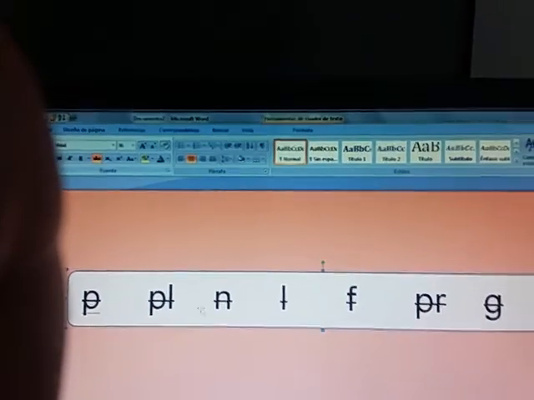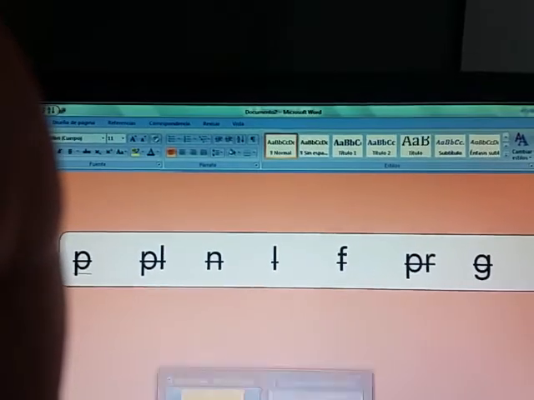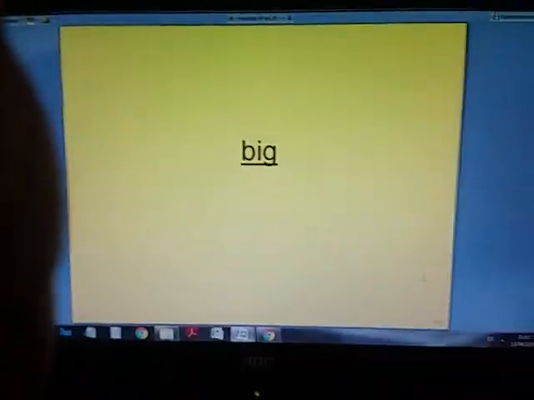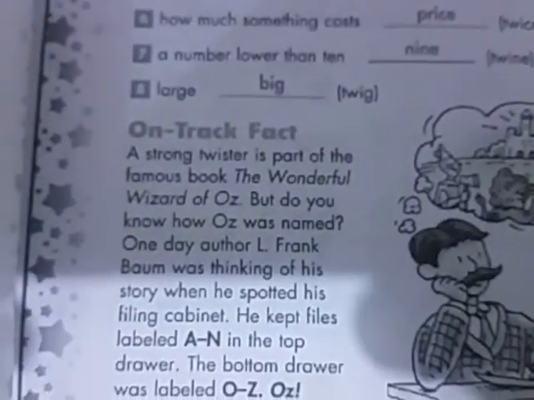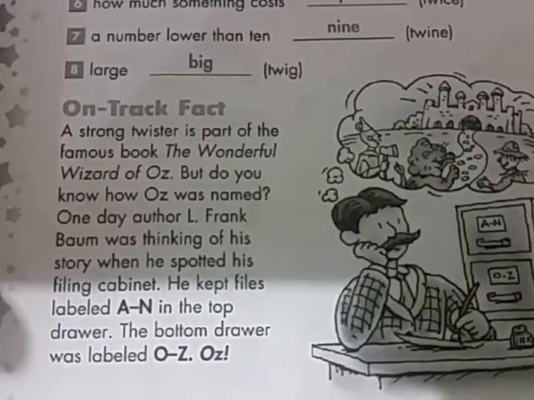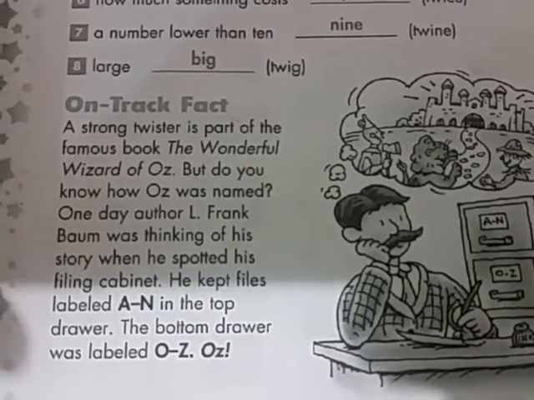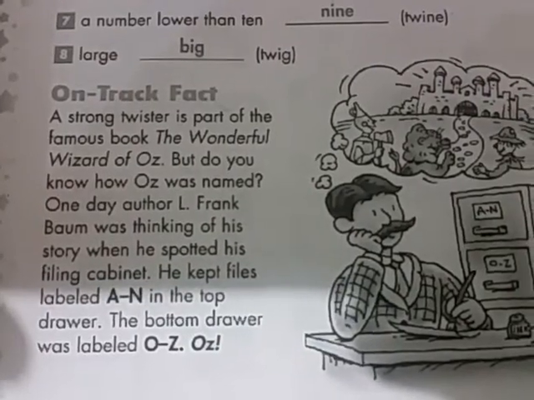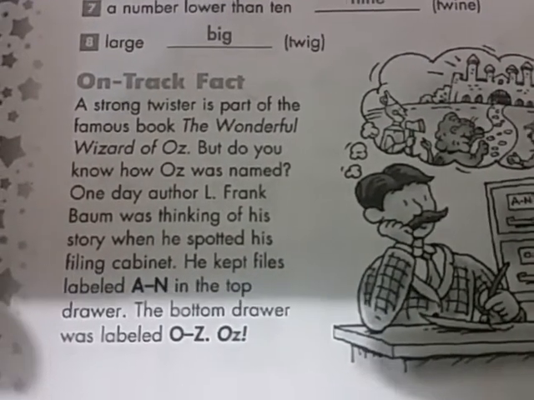And I'll continue on a spot where there's a little fact about the Wizard of Oz. A very famous story, which is also a movie. And I'm gonna read it for you. Untracked fact. Try to read it along with Mr. Zuniga as well. A strong twister is part of the famous book The Wonderful Wizard of Oz.